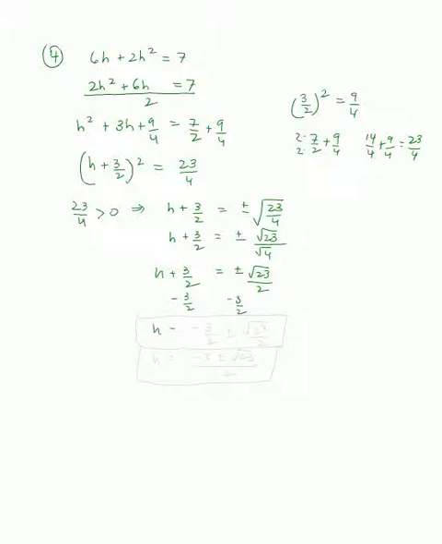The way you write your answer here is negative 3 over 2 plus or minus root 23 over 2. You always put the number in front of the plus or minus. We can also combine like this. Either one of these answers are okay, so just to emphasize that, I'll box both of them. You can write your answer in either form.